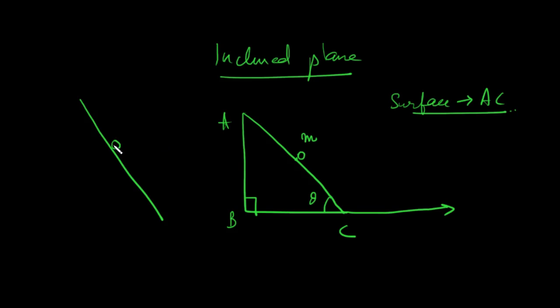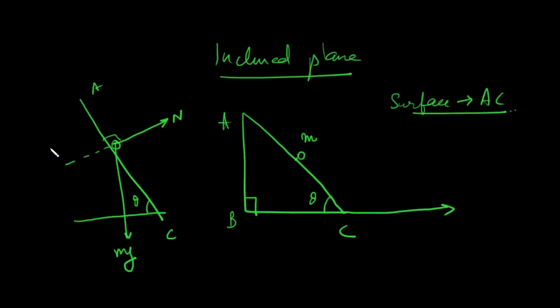So there will be one force on the particle due to the surface, which will be perpendicular to the surface AC, and there will be one force of gravity, mg. This is the angle of the inclined plane, theta. This is 90 because the force would be perpendicular to the surface, since the surface is exerting it on the particle.